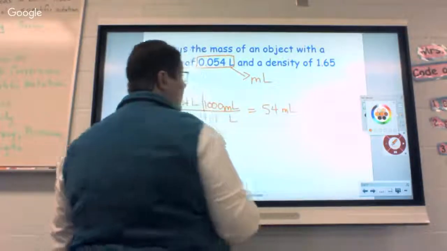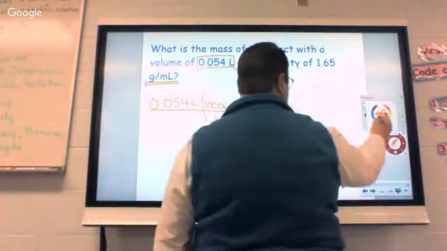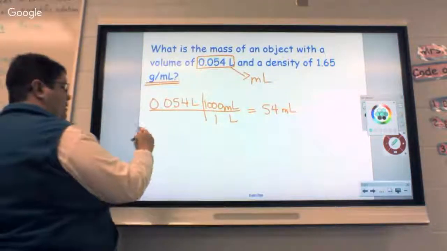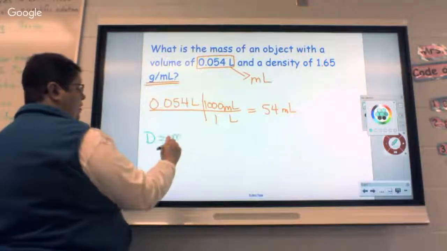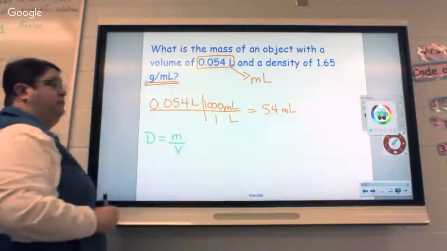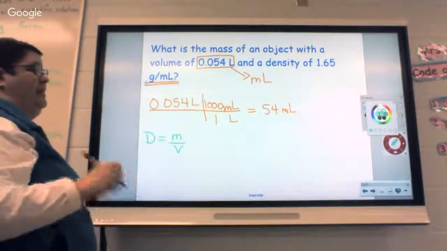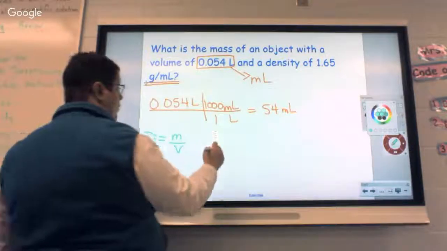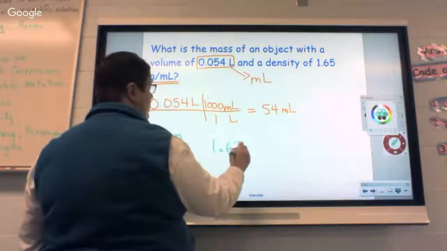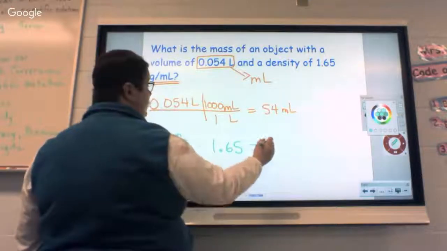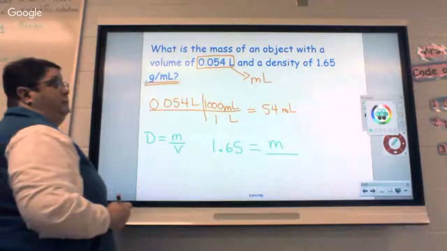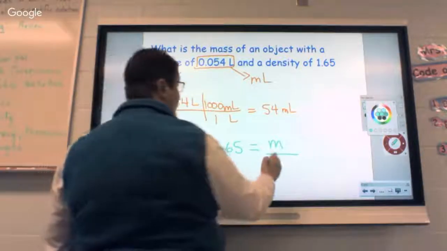Now everything matches. So you're plugging into density equals mass over volume. So what's the density? 1.65. It says find the mass, so we're looking for M. What's the volume? 54.